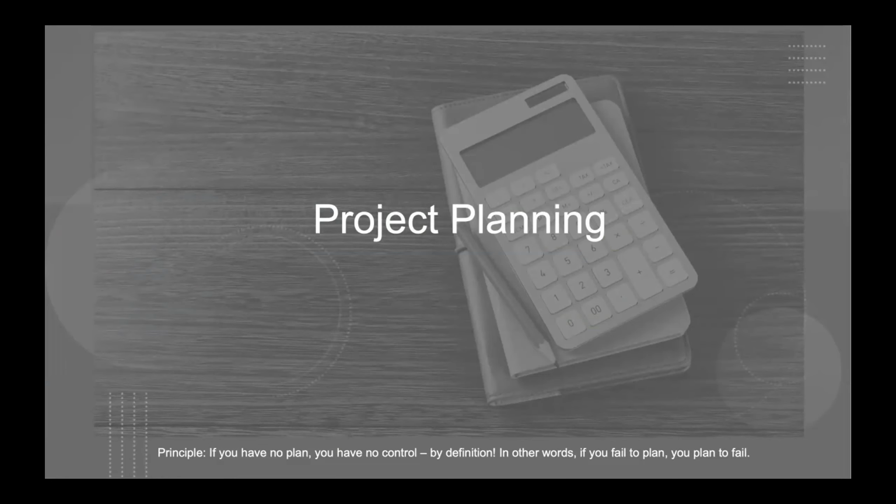That's by definition, and we'll share that control definition later in another few steps. In other words, and this is an old saying that we had back in my construction days, if you fail to plan, you plan to fail. We're using that as the second part of our project management role. If you don't have a plan, you plan to fail.